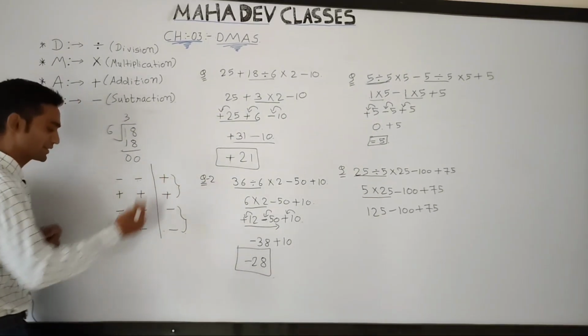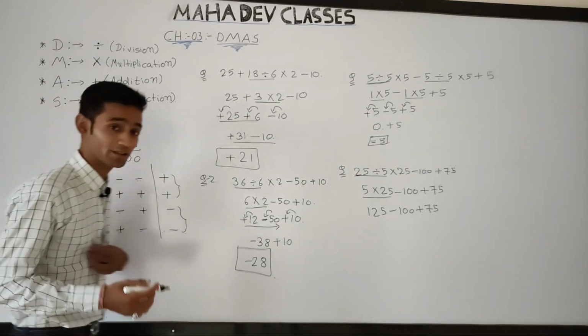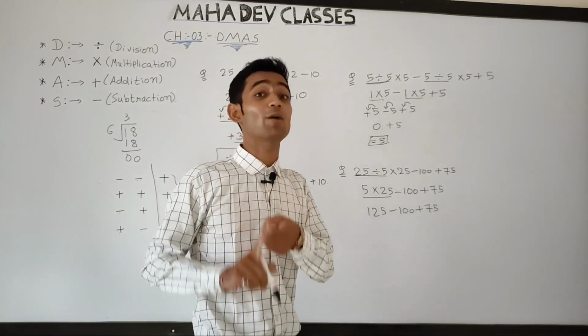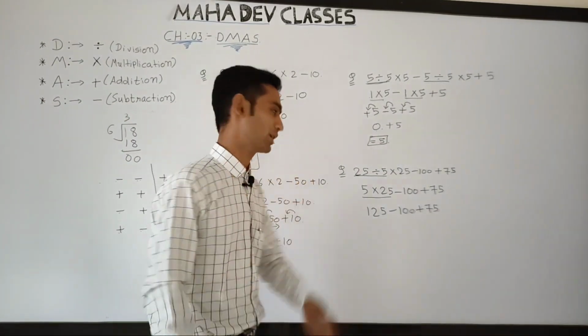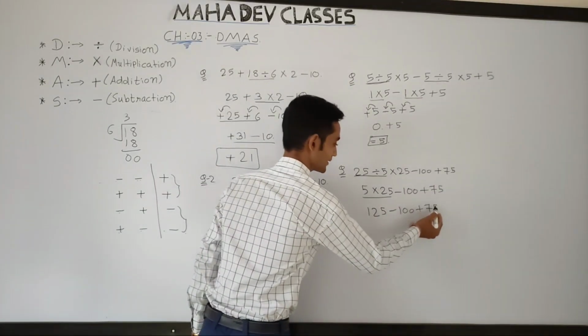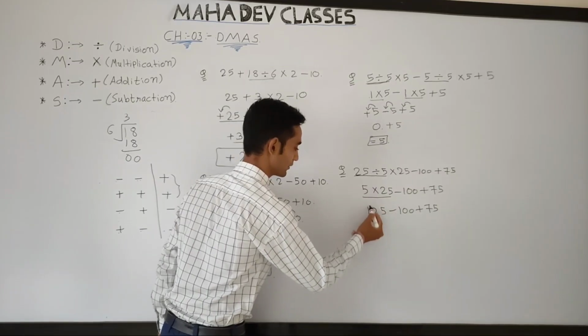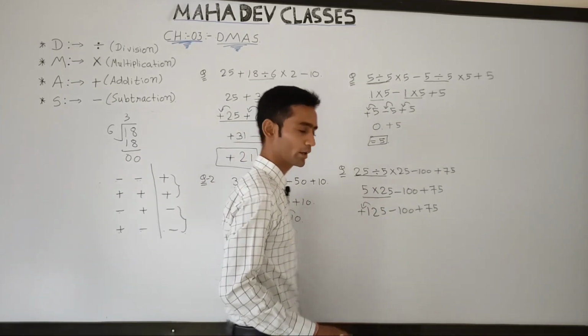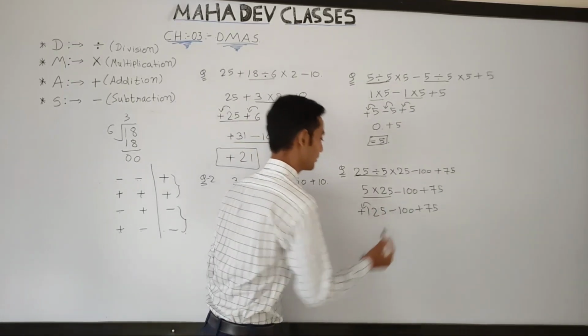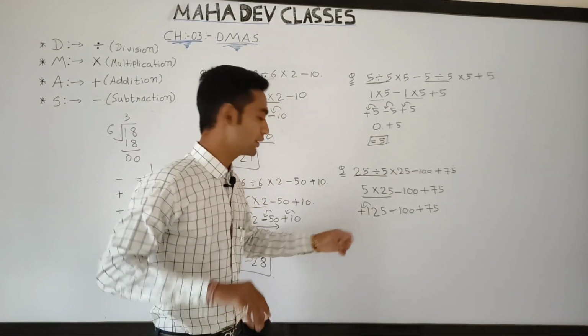Okay, equal symbol addition and different symbol subtraction, and in the resulting answer we have to put the symbol of the bigger number. Okay, so now you can see that 75 is plus, 100 is minus, and this 125 is also plus. Okay, now plus minus, you can see that there is a different symbol.